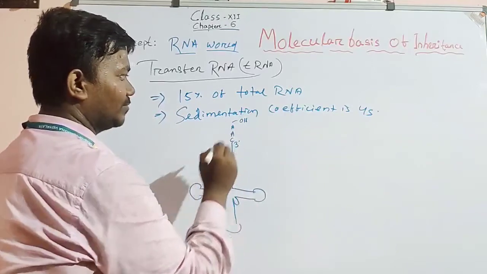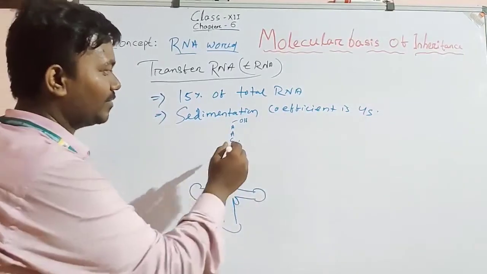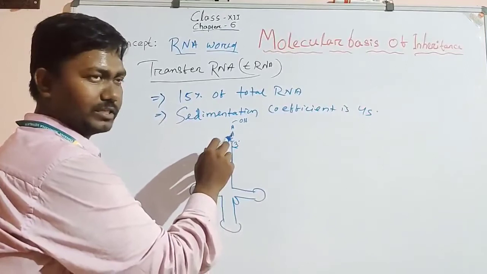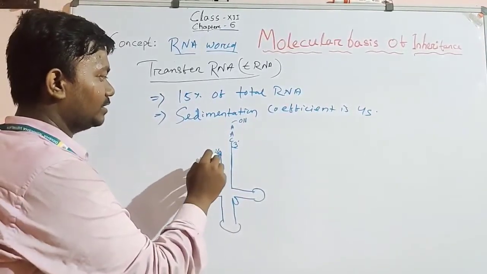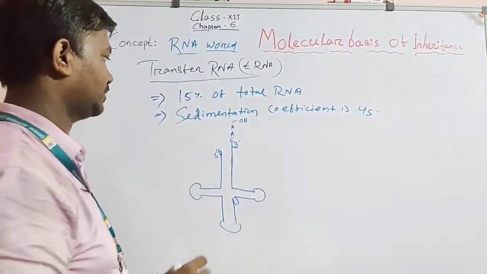In the 5' region, there is a guanine base.